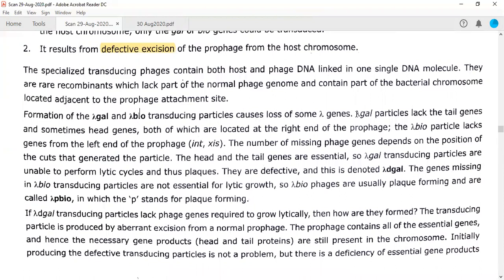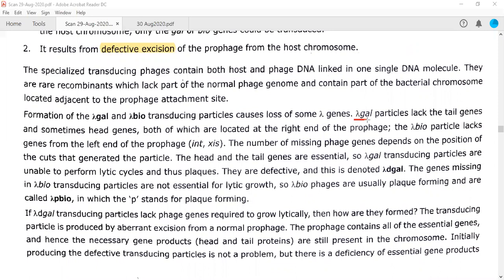Now you need to note these few lines because they are very important and they are telling a lot of things which is actually happening inside. Okay, so lambda gal particles lack a tail gene.